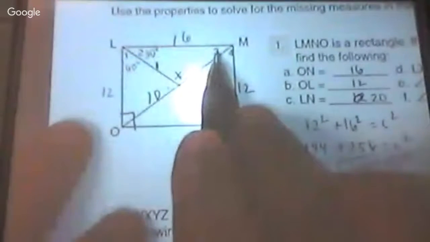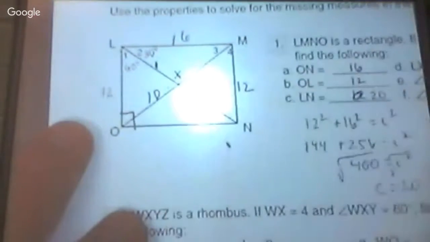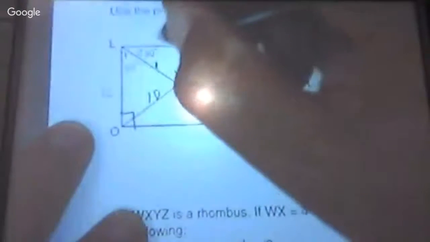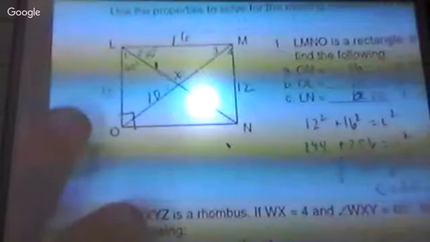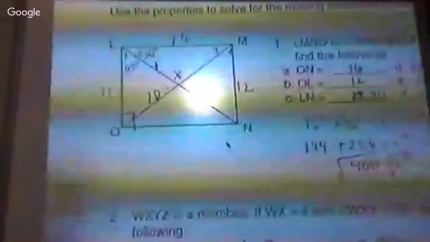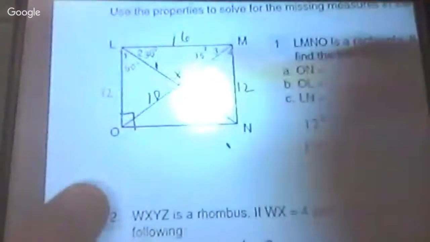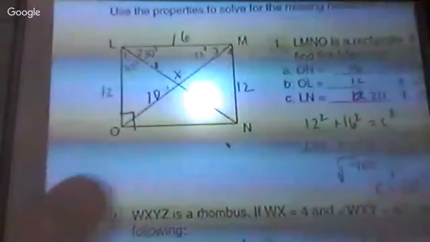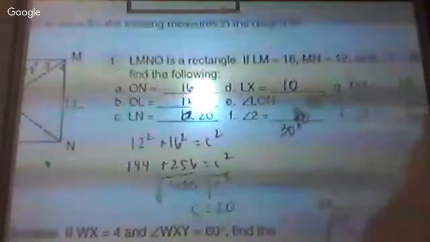So, how do these two angles compare? They don't bisect each other either. But angle 3 is 30 degrees. And angle 4 is 60 degrees. All right. So that would be number 1.